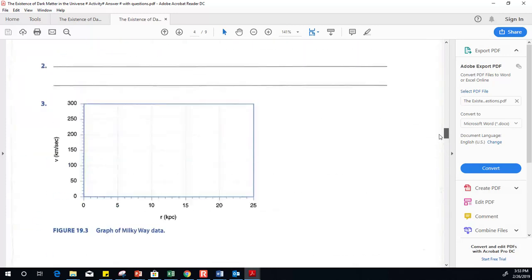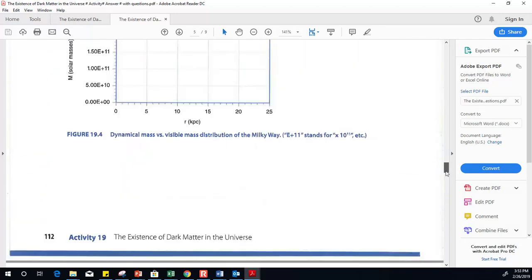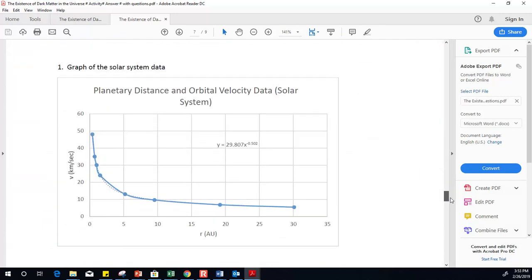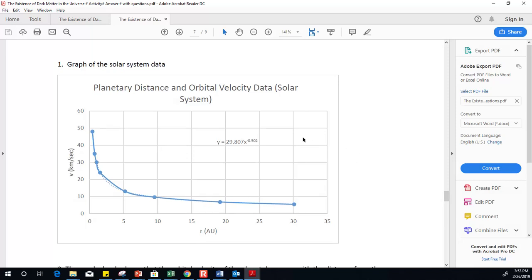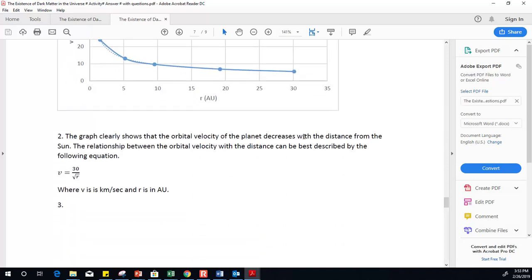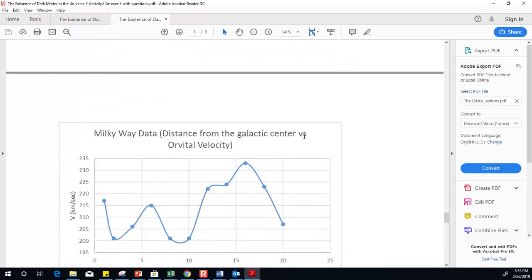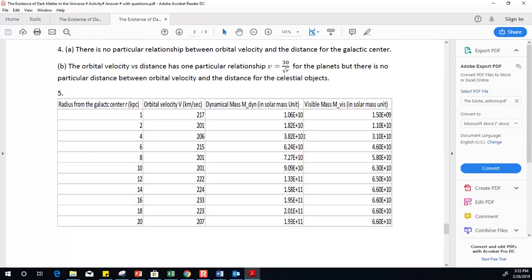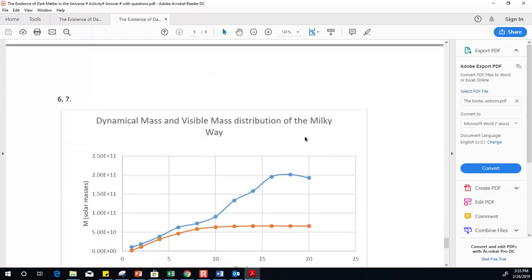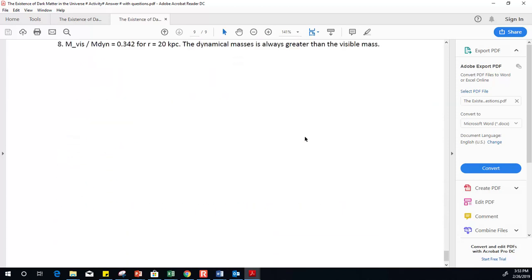So this is the activity sheet and here is your answer, attached together. Here is my answer, the graph for problem number 1, and my answers for numbers 2, 3, 4, all attached here.